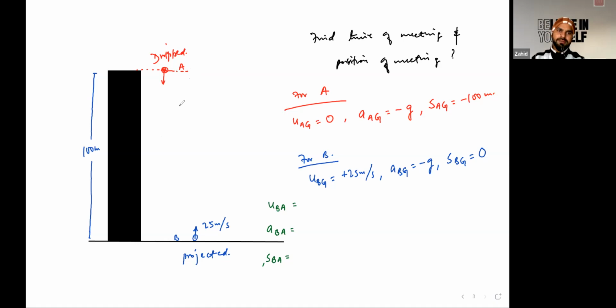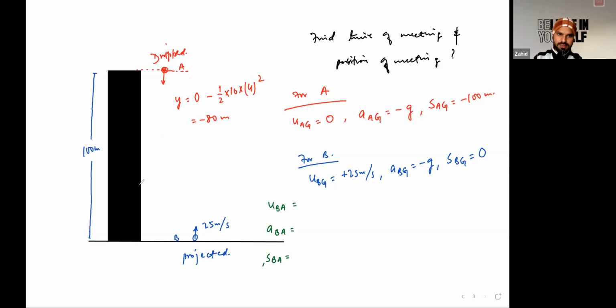Let's say for A, y equals ut minus half g t square, and t is just 4. So it will be 4 into 4, 16, divided by 2, 8 into 10. So it will be just 80 meter.